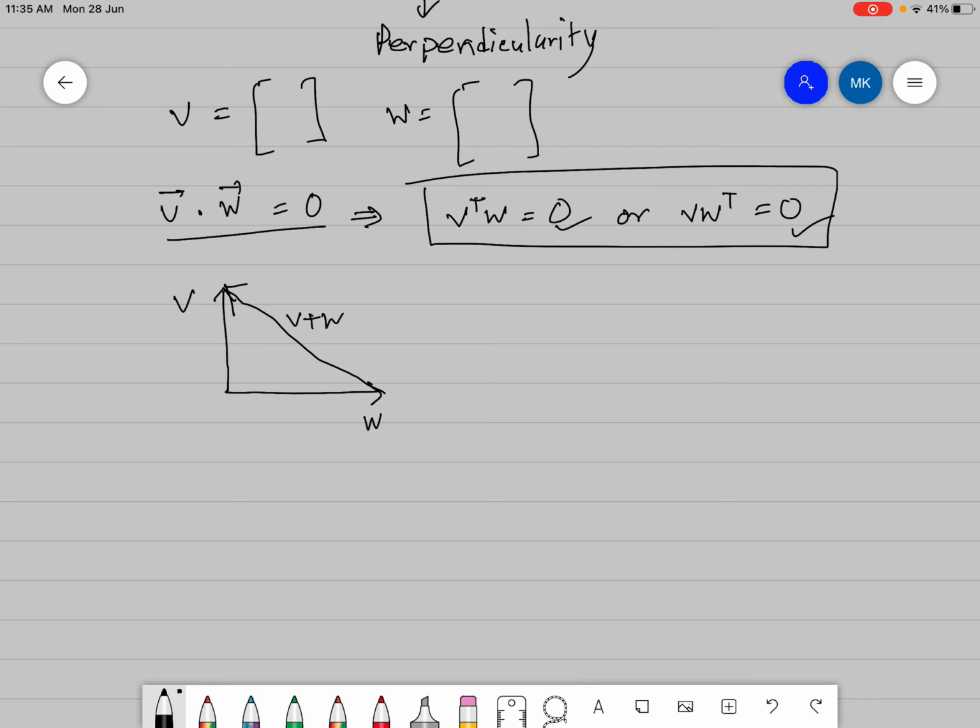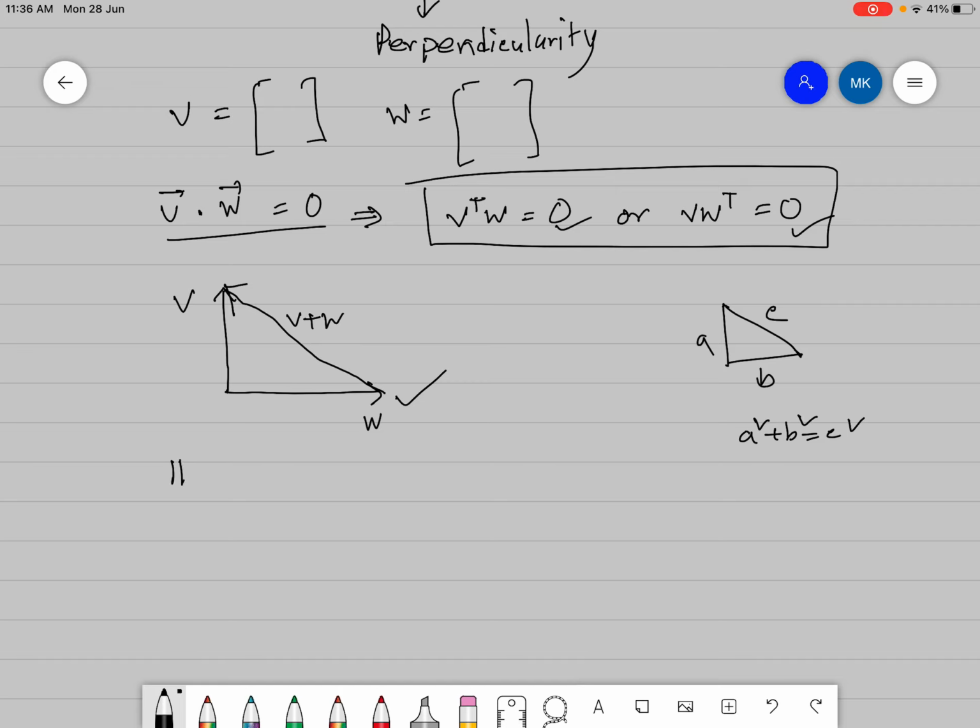Now you have all studied the Pythagoras theorem. In the Pythagoras theorem, if this is a, this is b, and this is c, we write a square plus b square equals c square. This is also true for this case.